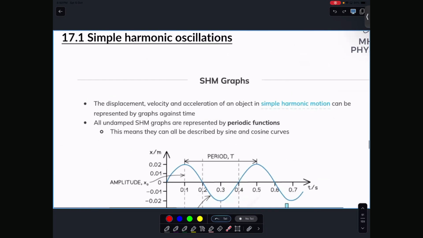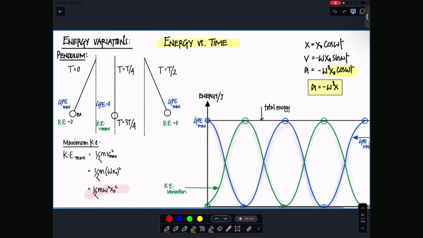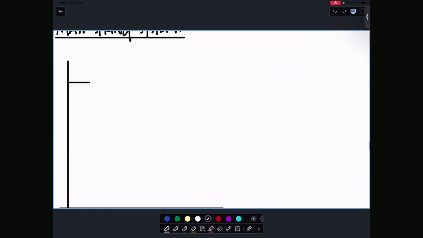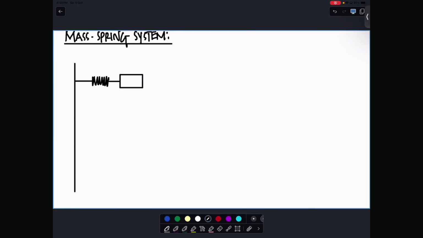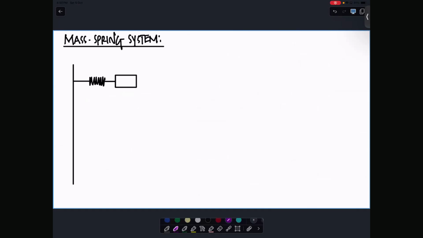So for a mass spring system, this is the spring. I will compress my spring and the trolley, or the mass, is now fully compressed. I'll draw a line here to give you an idea of my reference. So the reference is this line. This is the origin. Now, as the mass is released, the spring will extend. This is the origin.